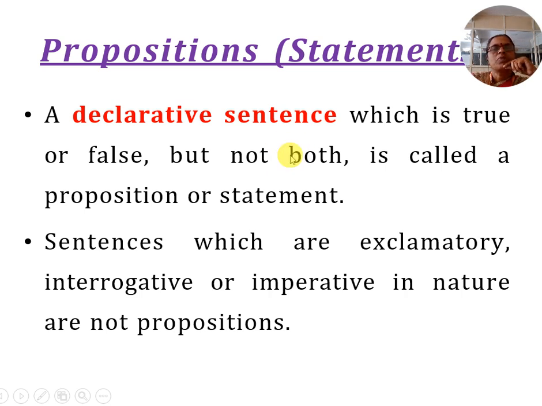What are propositions? Propositions are statements, that is, declarative sentences which are true or false but not both, and sentences which are exclamatory, interrogative, or imperative in nature are not considered as propositions.